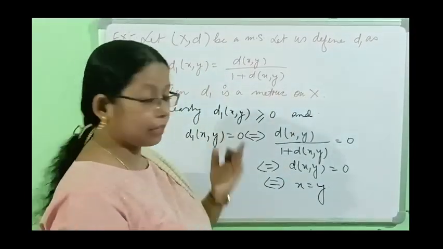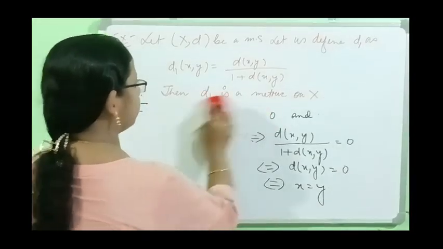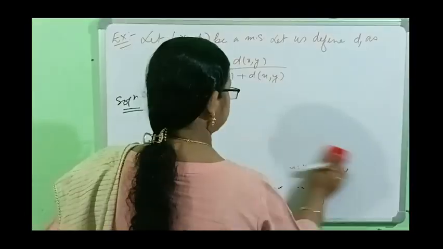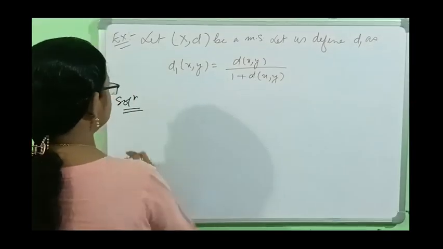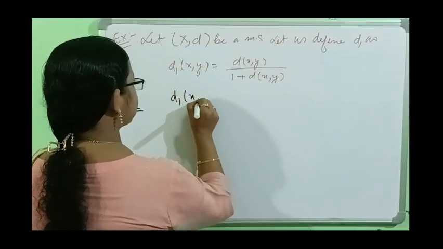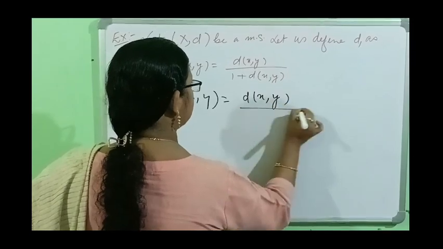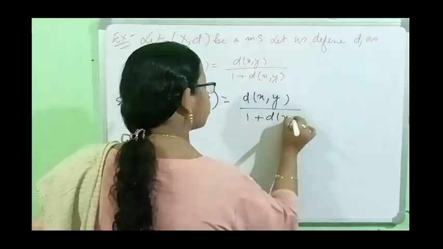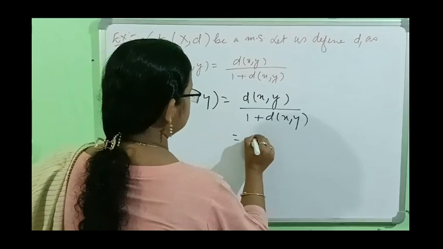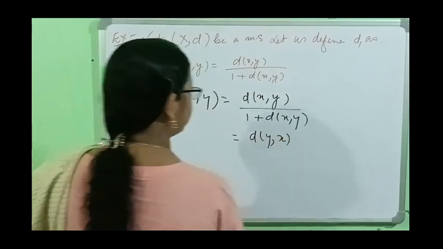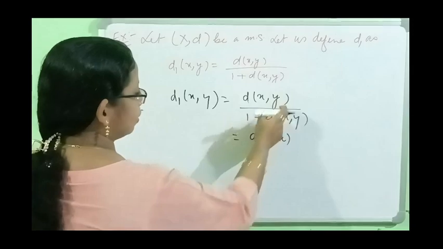I am going for the second one. For the second one, we have to show symmetry, that is d1(x,y) is equal to d(x,y) by 1 plus d(x,y). Since d is a metric, this can be written as d(y,x), because a metric satisfies symmetry, so d(x,y) is equal to d(y,x).